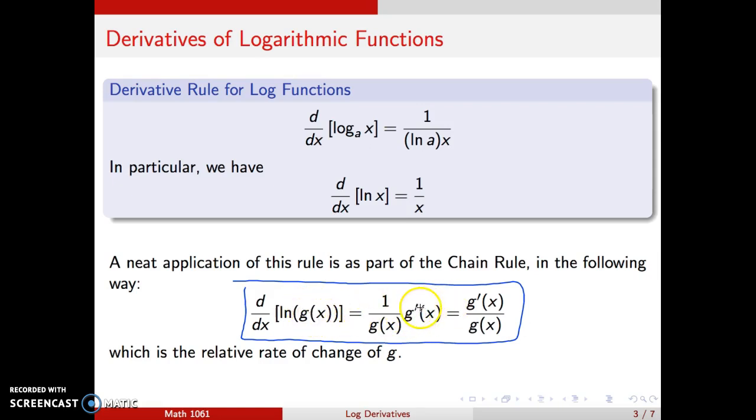And so that's g prime over g, which is called the relative rate of change of g. The rate of change is the derivative, and dividing by g of x tells you how it's changing relative to its current size. We won't do anything with it, just FYI.